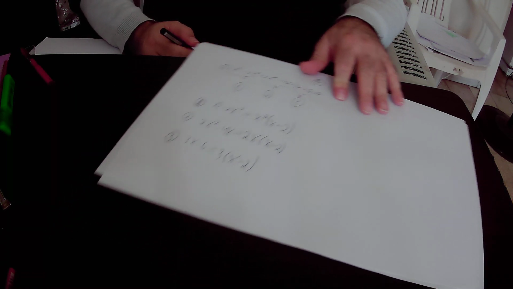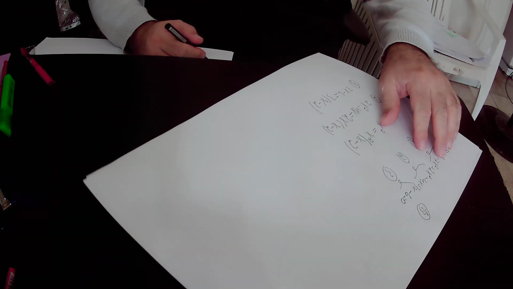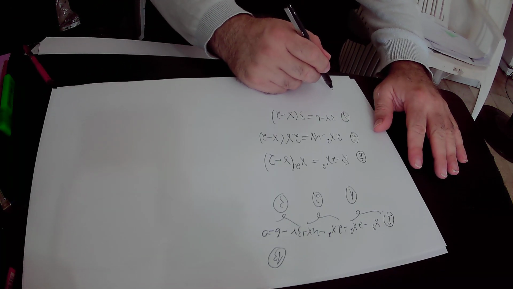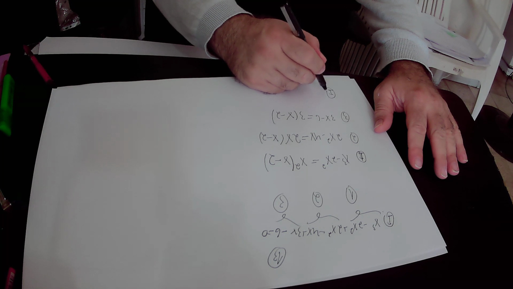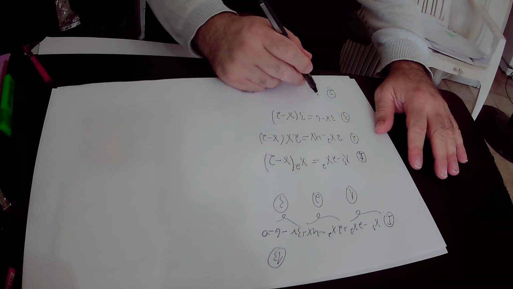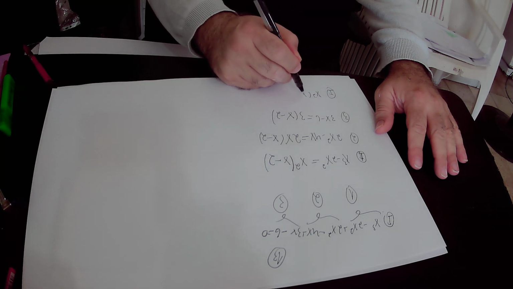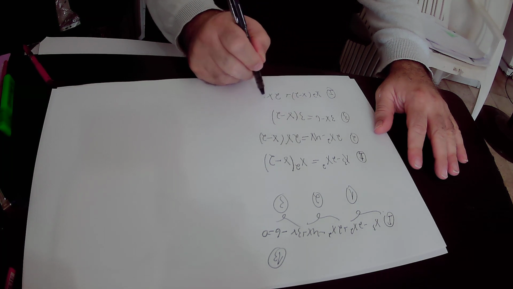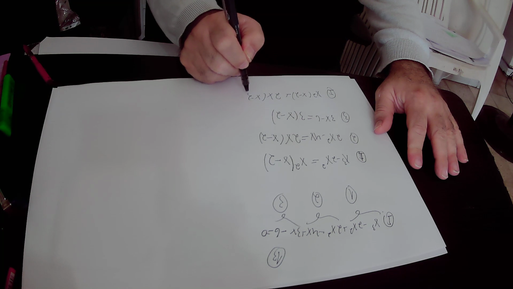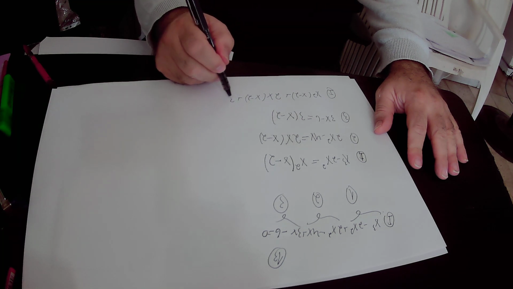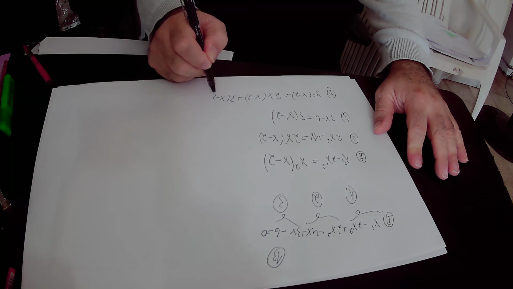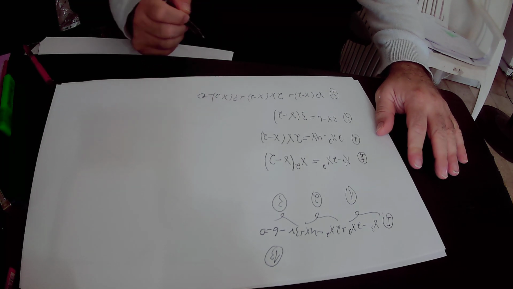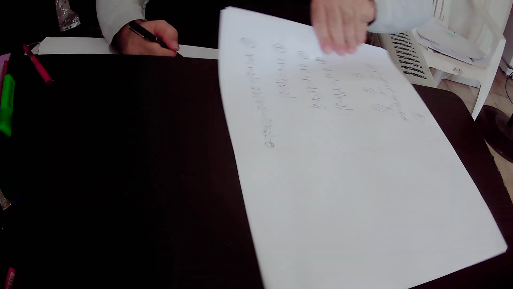According to equation number 1, x squared times x minus 2 plus 2x times x minus 2 plus 3 times x minus 2 equals 0.